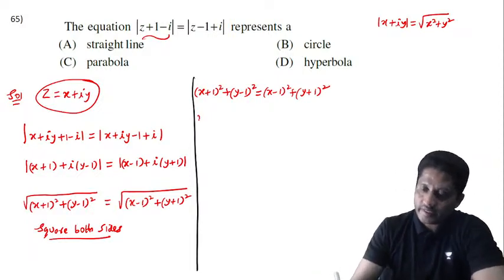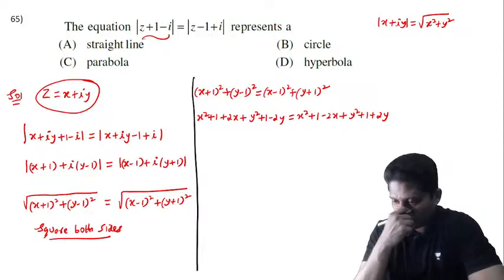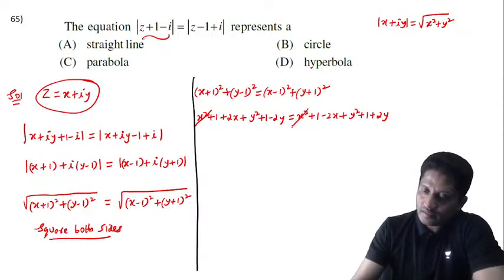Right, so this is x square plus 1 plus 2x. This is y square plus 1 minus 2y. Again, this is a square plus b square minus 2ab, and this is a square plus b square plus 2ab. I cancel x square, I cancel y square, and I cancel this 1 as well.